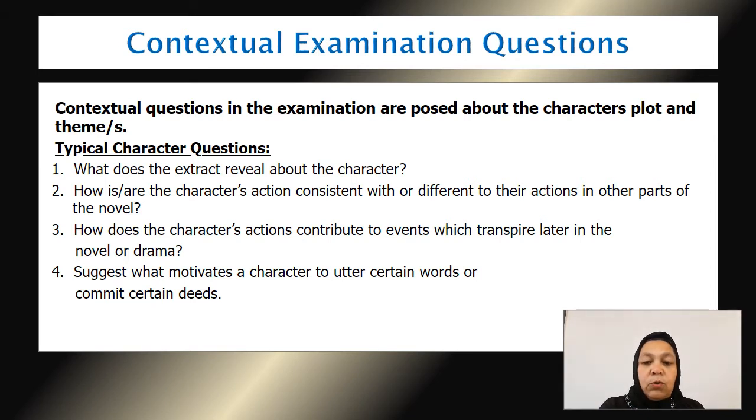Number four, you have to suggest what motivates a character to utter certain words or to commit certain deeds. So given all of that, you really need to have a good understanding of your character. You need to have, for yourself, a list of characteristics or character traits exhibited by the character.